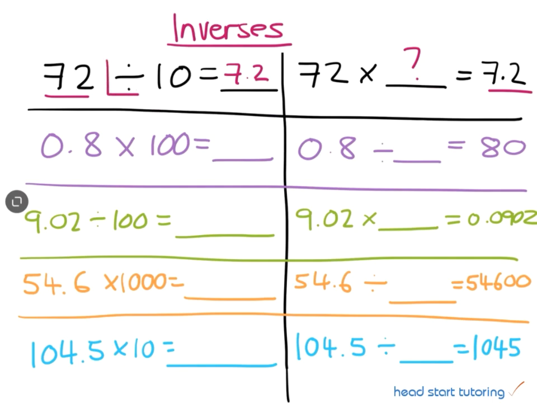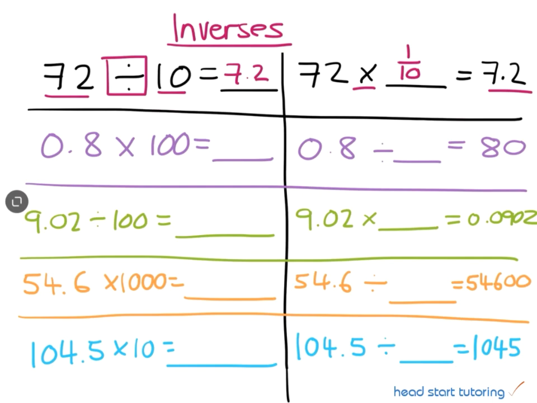Because over here we were dividing by 10, we now need to multiply by the inverse of 10, which is 1 over 10. Because remember, 10 is equal to 10 over 1 because it is a whole number. So the inverse of 10 over 1 is 1 over 10. So 72 multiplied by 1 over 10 is equivalent to 72 divided by 10, and they will both give us an answer of 7.2.